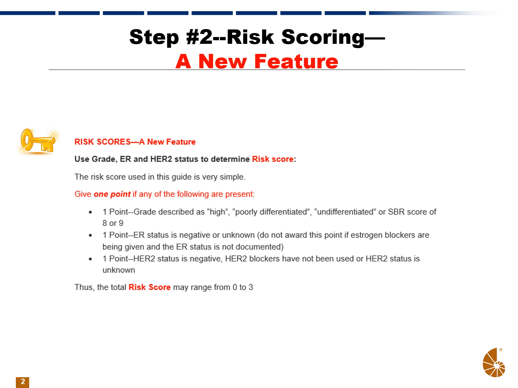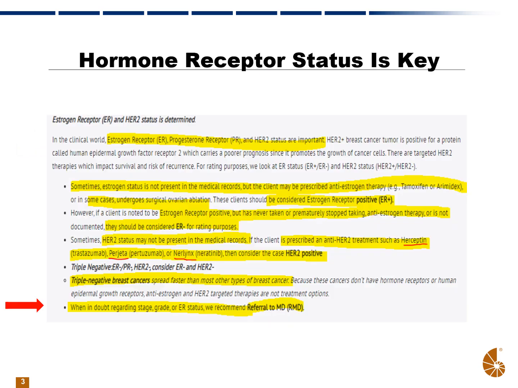So the risk score that we're talking about here may range from 0, no points, to as high as 3 points. And that's the whole risk scoring portion of our underwriting update for breast cancer, but very important.